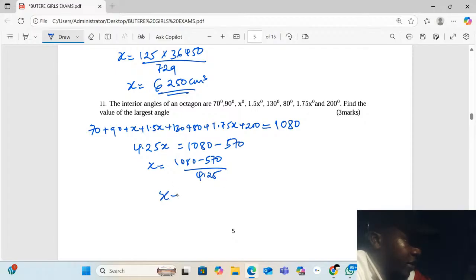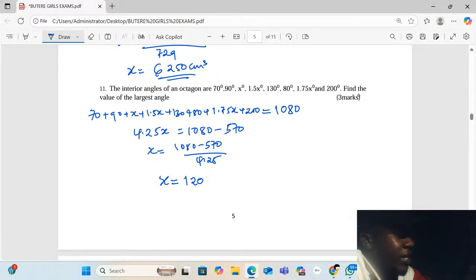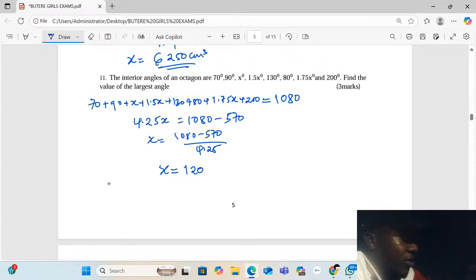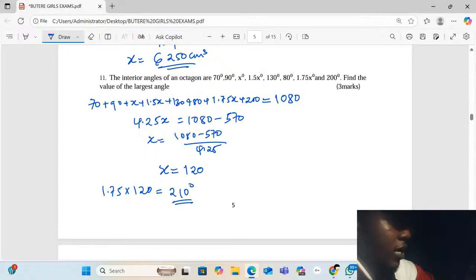Now our value of x becomes 120. We are asked to find the value of the largest angle. In this case, we shall have 1.75 times x, which is 120, that one is going to be the largest. So we shall have 210 degrees.